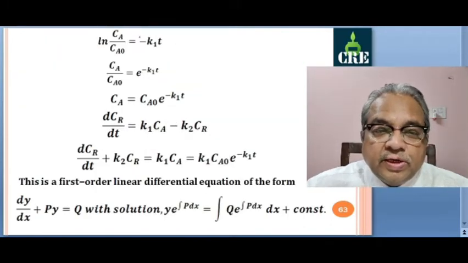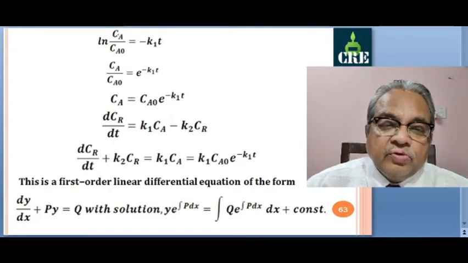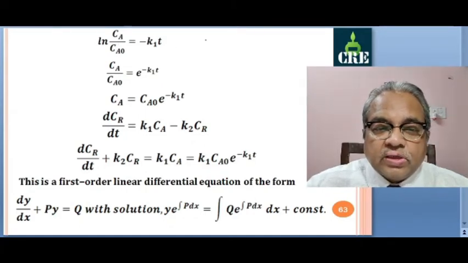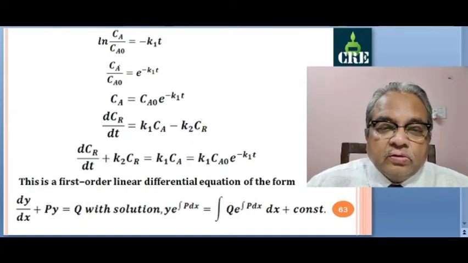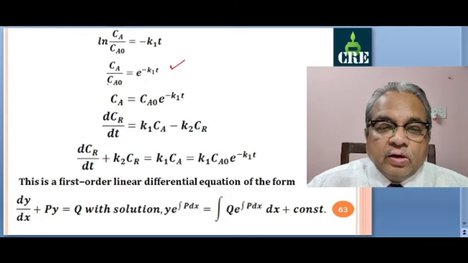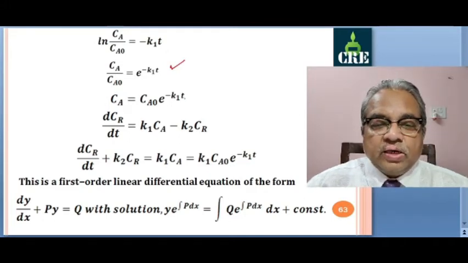So dCA by CA, integral CA0 to CA, we get ln of CA by CA0, and that is equal to minus K1T. This CA by CA0 can be written as e raised to minus K1T, and the expression for CA as a function of time we get as CA is equal to CA0 into e raised to minus K1T.